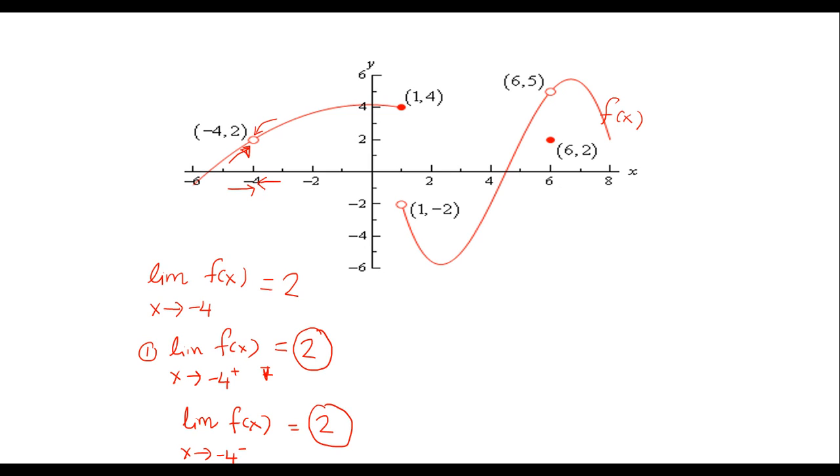Now, the interesting part is, let's say we need to find the value of f(2). Is this value 2, or does this value not exist? This is the most significant difference between having a limit and having a value plugged into your function.